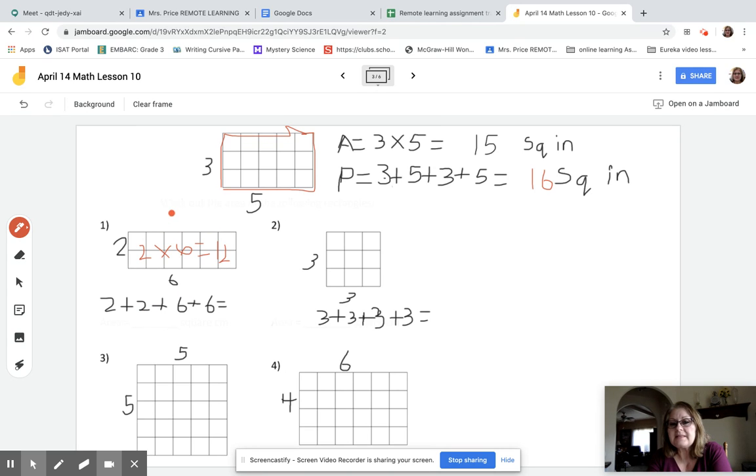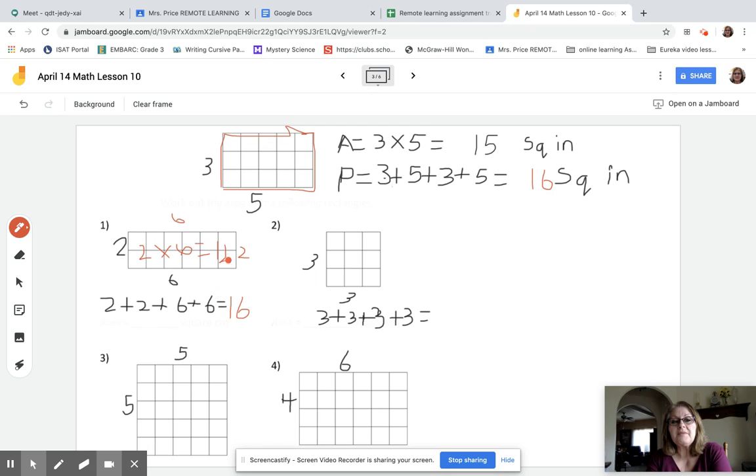We know this one's going to be 6, and this one's going to be 2, because they're the same as the ones opposite of them. So we can go ahead and do 2 plus 2 is 4, plus 6 plus 6 is 12. Well, 12 plus 4 is 16, right?